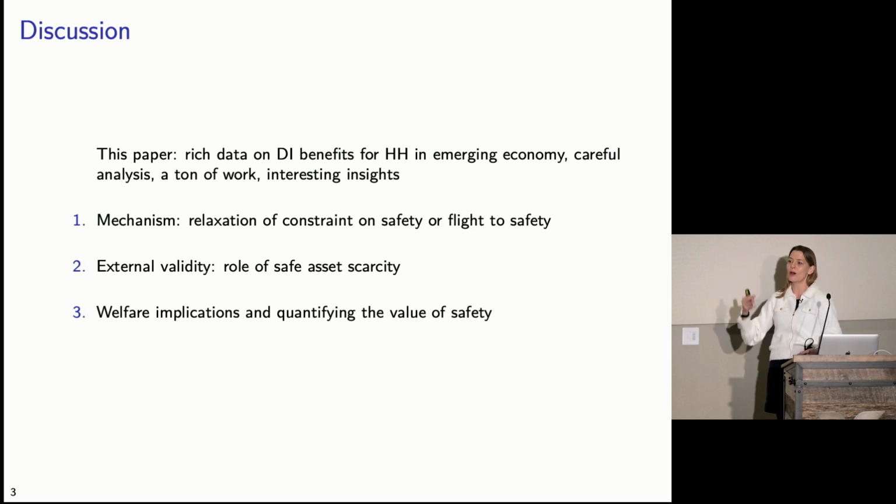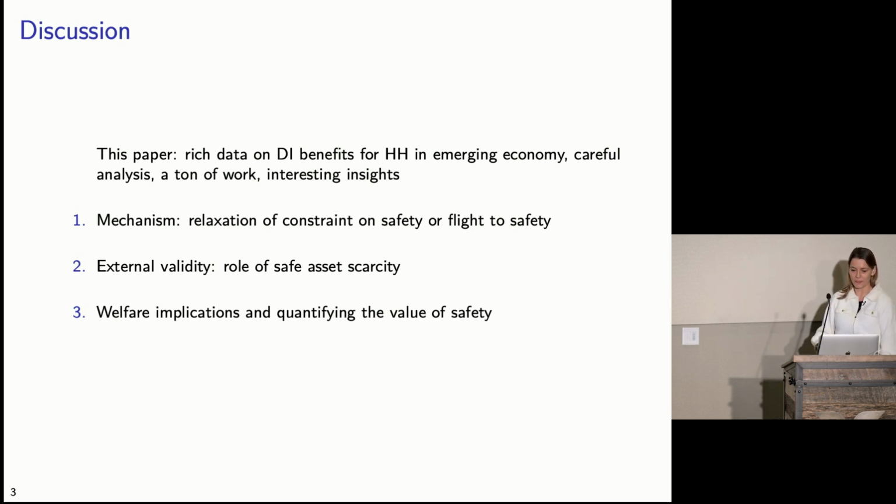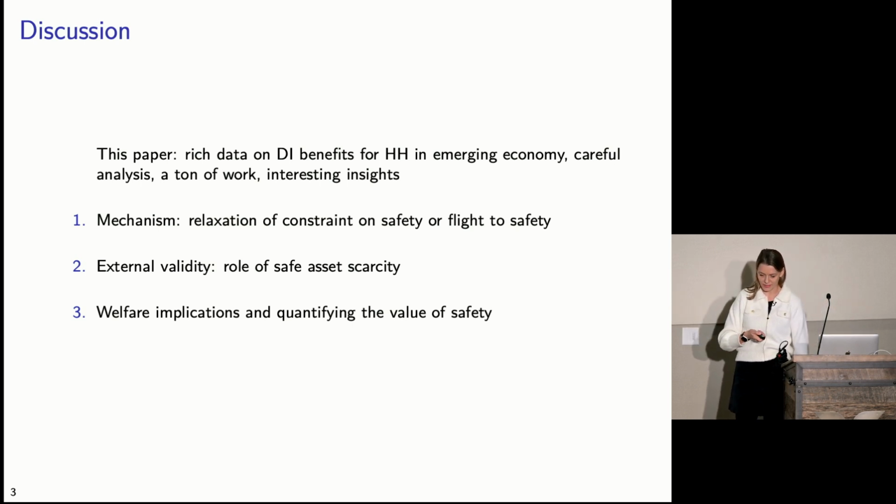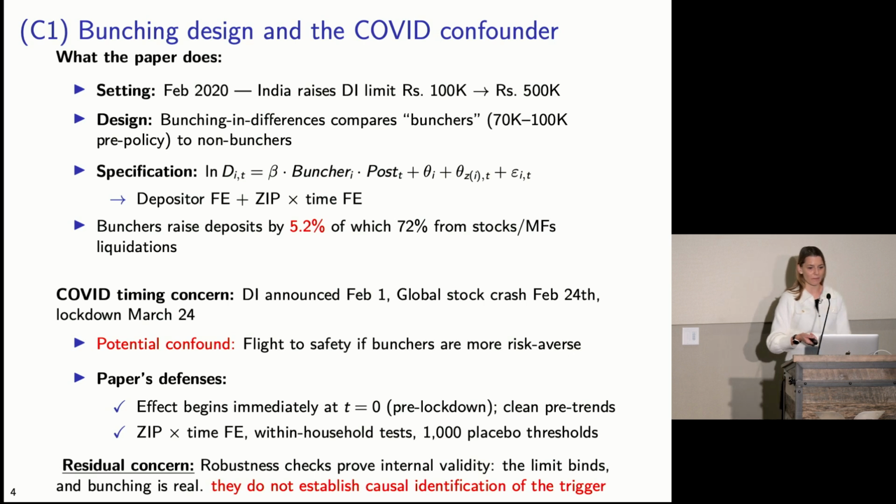So just think about what we can learn from the elasticities that they are computing here. And then I have some comments on how they can use their method to quantify the value of safety and then address, maybe outside of the deposit insurance limit, welfare enhancing reforms in India.